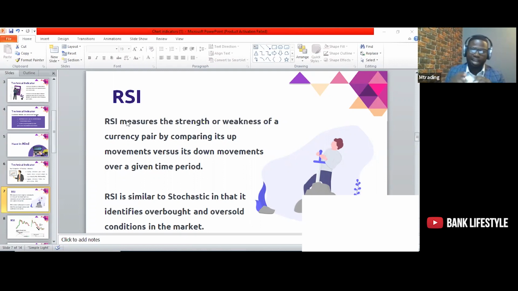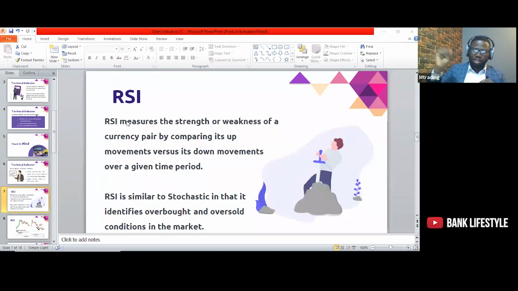So the RSI lets you know that at this point, the currency pair, whether it's GBP/USD, USD/JPY, or gold, or whatever currency or index you are trading, is overbought. A lot of people have bought the currency pair, and now it's overbought.